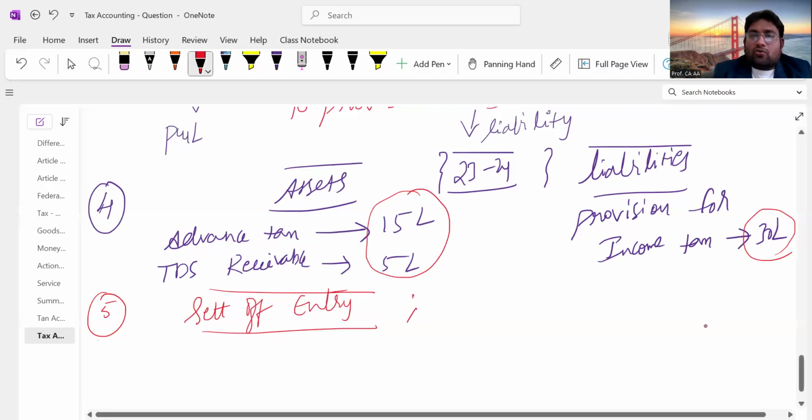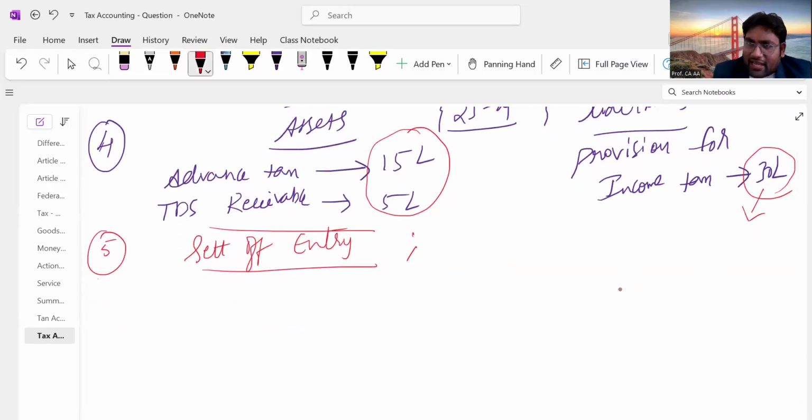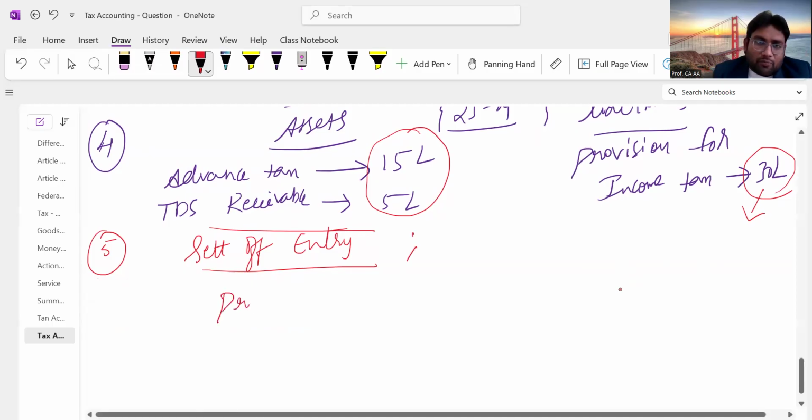So the total income tax liability for the year is 30 lakhs. That means this year I have earned 100 lakh rupees profit. Out of that, I have to pay the government 30 lakh rupees. That is my income tax. In that 30 lakh, in the form of advance tax I paid 15 lakhs, and in the form of TDS receivable I paid 5 lakhs. Now let's set off that entry.